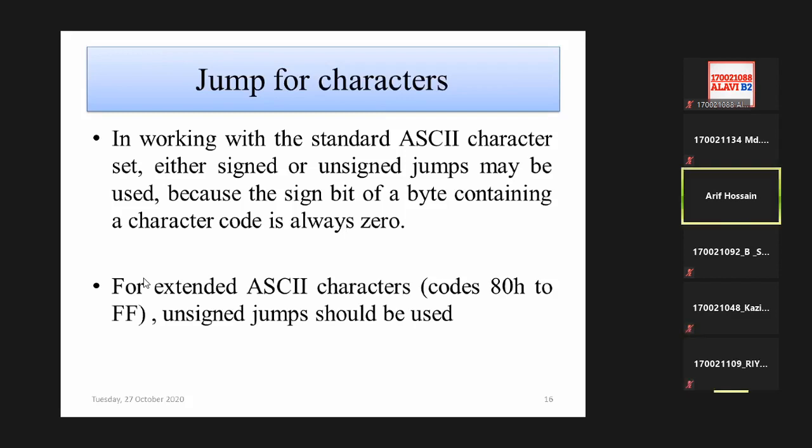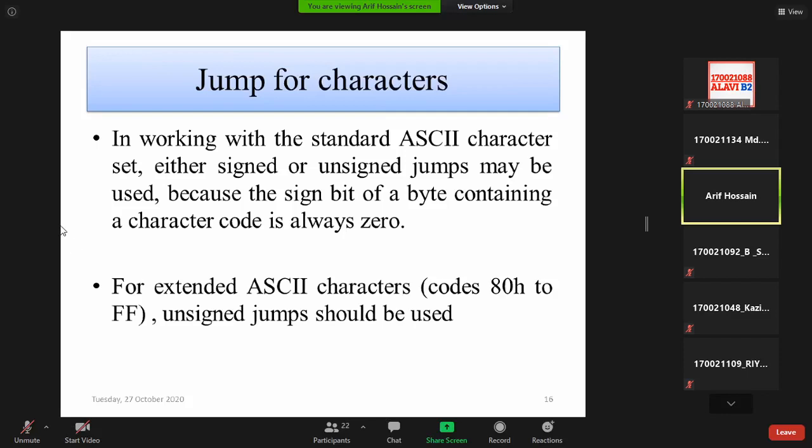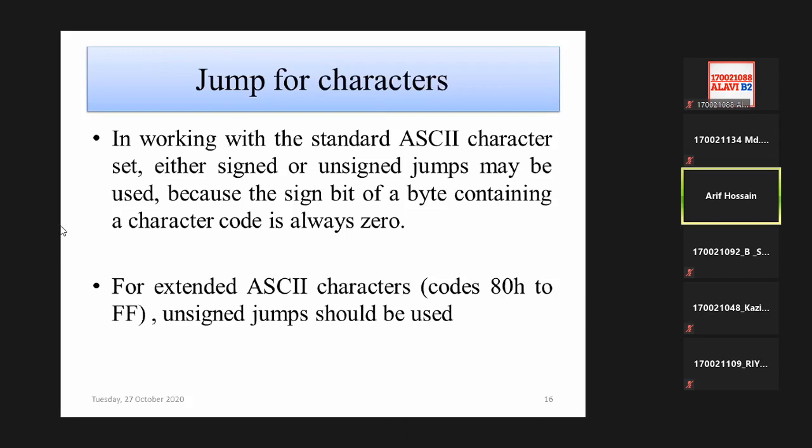See, if you remember, all the characters are represented by their corresponding ASCII numbers. So if the ASCII number of any character has a sign bit of 0, sign bit means the MSB, then you can use both unsigned jump or signed jump. Because if the MSB is 0, your unsigned jump and signed jump will always mean the same thing, isn't it?